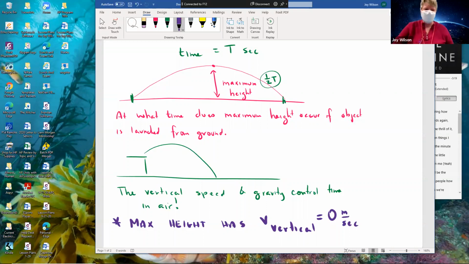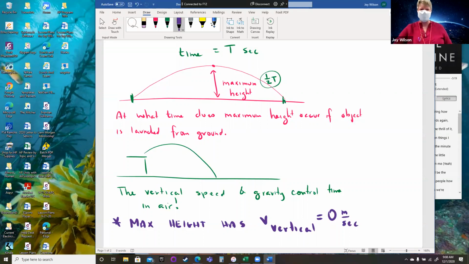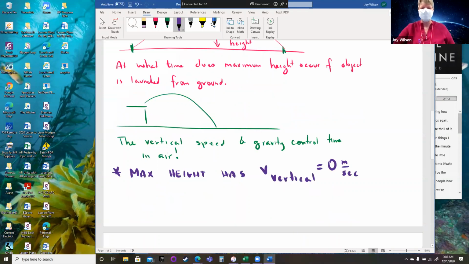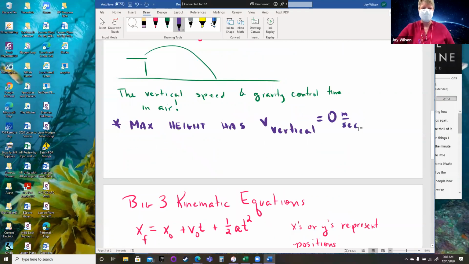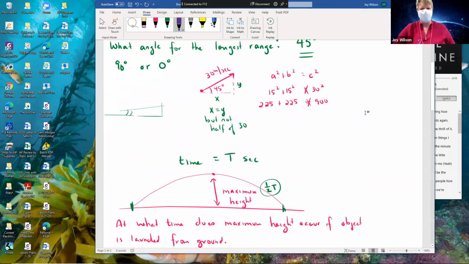In fact, the other part about projectile motion, so that's one of our key features, and the other one is this, and I'm out of space, so let me give myself another page. Let's just stick it here.